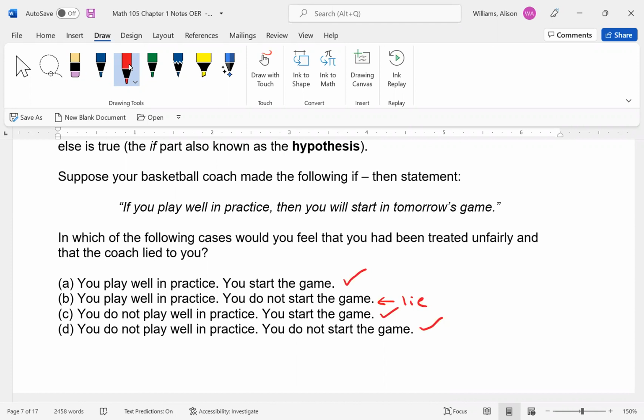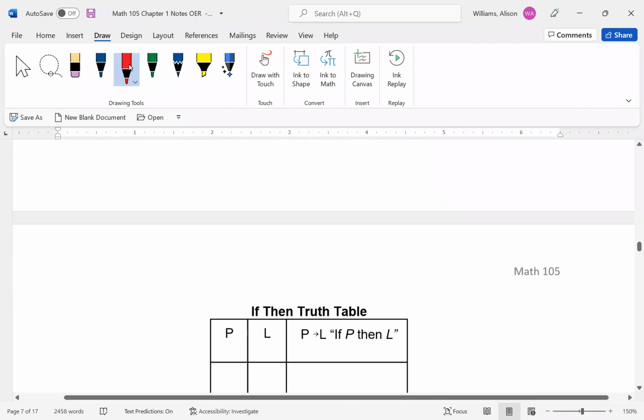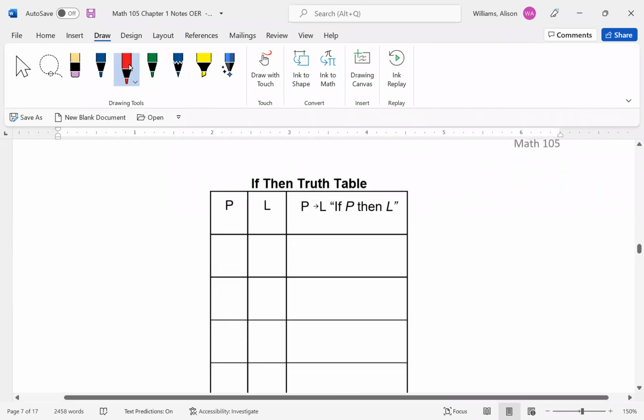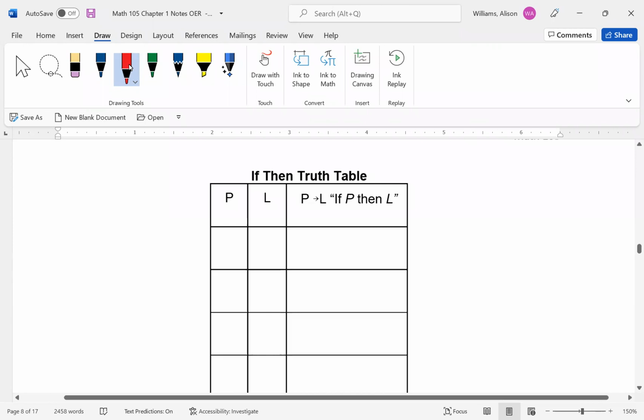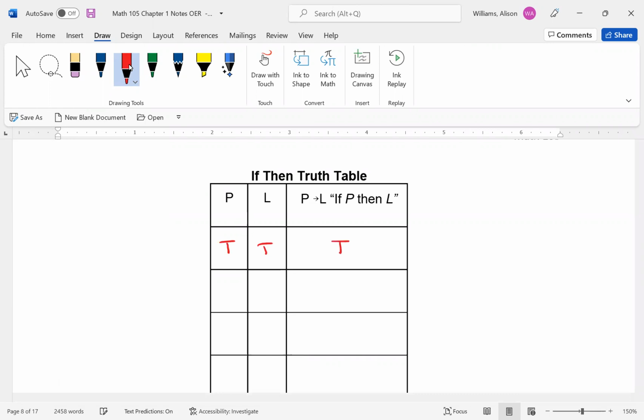Now, I want to build a truth table for this. If the first statement is true and the second statement is true, then your coach did not lie to you. If your first statement is true, but the second one is false, your coach lied to you.